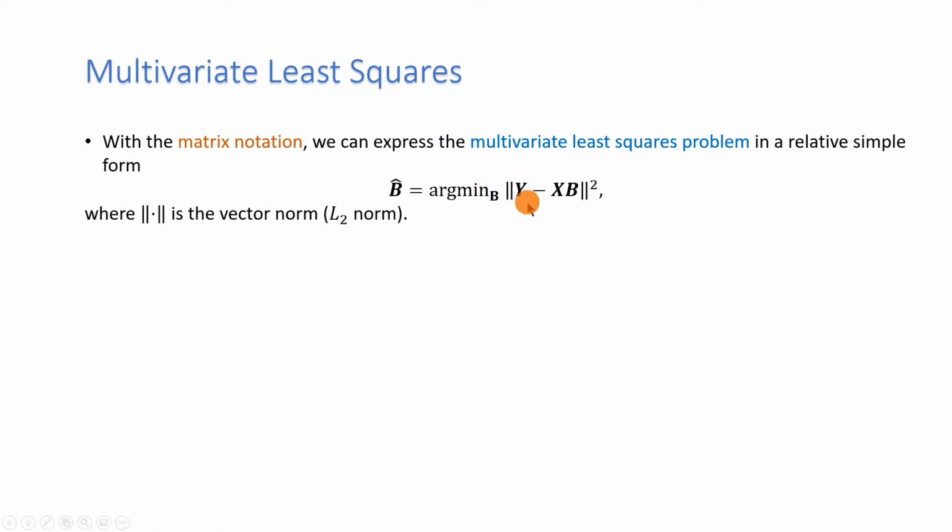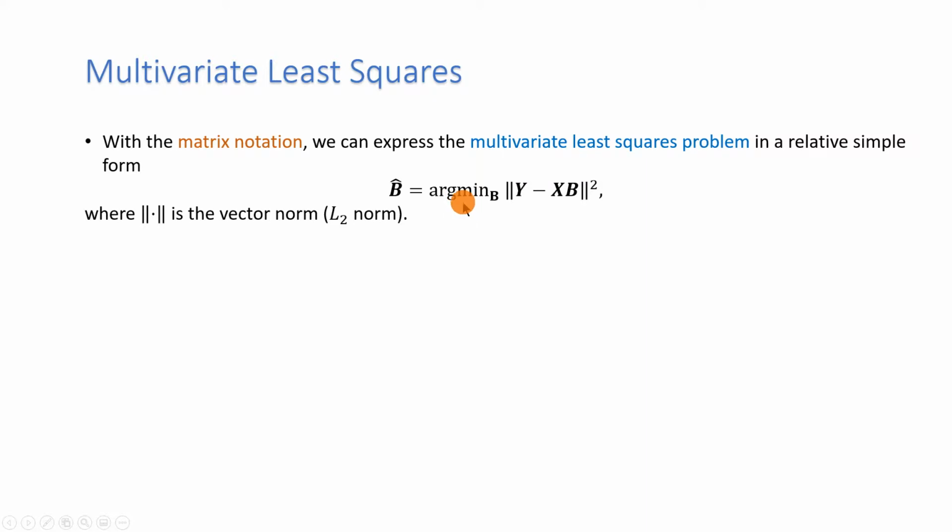And for this case, recall that Y is a column vector of size n by 1, X is a matrix of size n by p plus 1, and beta, or B, is a vector of size p plus 1 times 1, right? So X times B is also a column vector of size n times 1, and the difference between Y and X times B is also a column vector of size n times 1, so you can take the L2 norm of that.